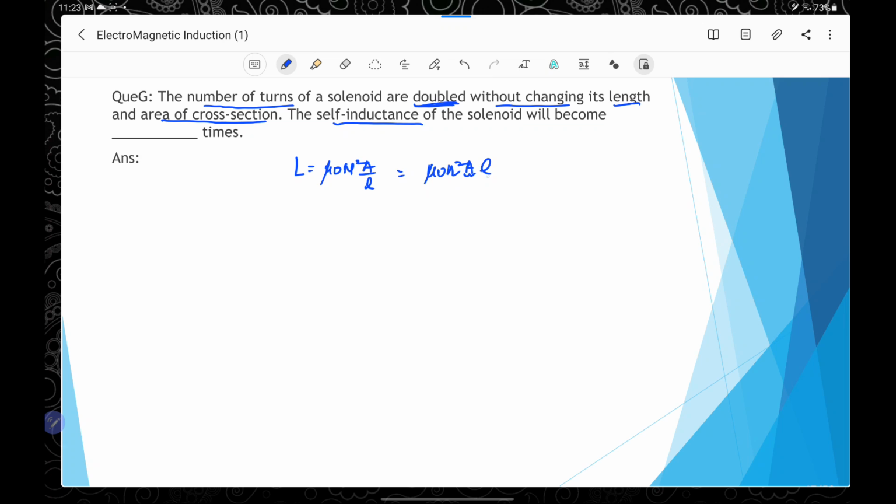Here A is the area of the coil, l is the length of the coil, small n is the number of turns per unit length, while capital N is the total number of turns in the coil. Here the number of turns in the solenoid is doubled, so we will use this formula. Here N becomes 2N. Therefore, because inductance depends on N as N square, L becomes 4 times of L. Therefore, the final inductance of the coil will be 4 times the initial inductance.